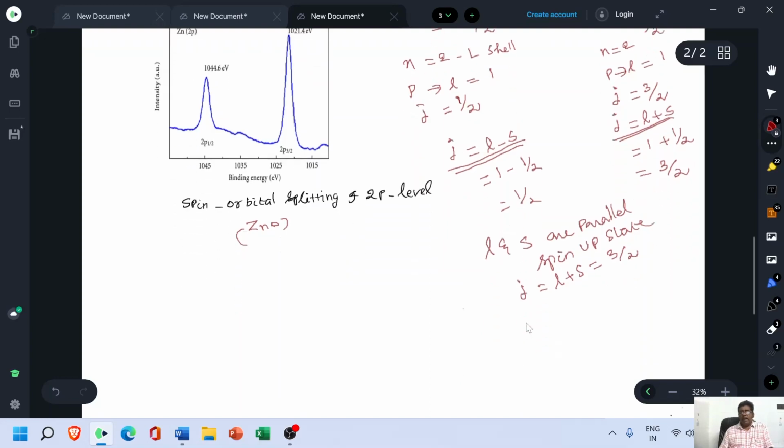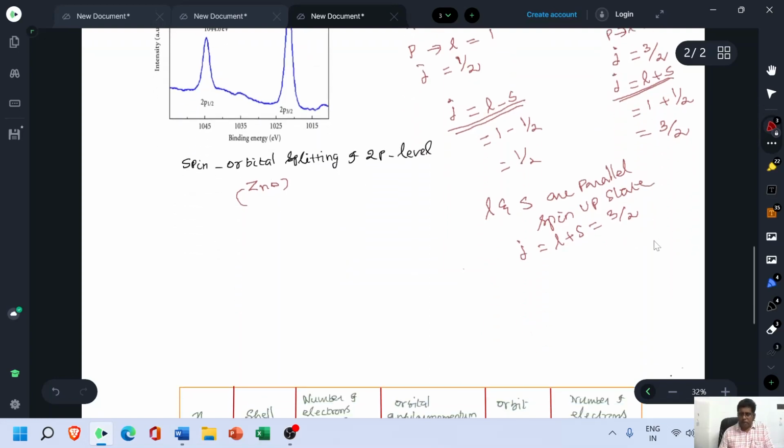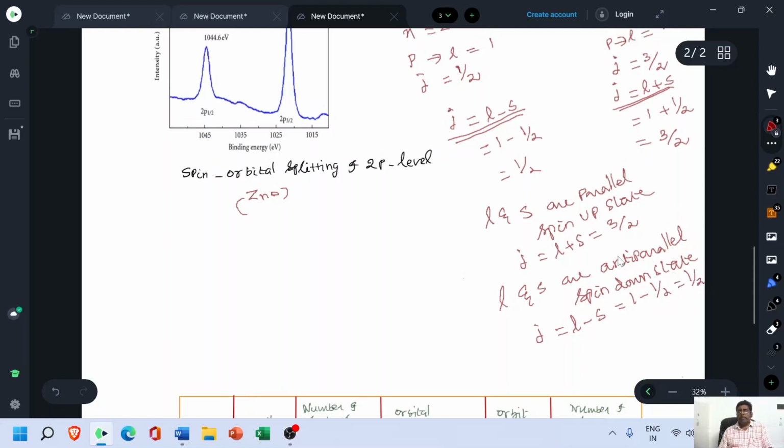If l and s are antiparallel, orbital angular momentum quantum number and spin are antiparallel, it is called the spin down state. In this case, we have to select the option j equal to l minus s, that is equal to 1 minus 1/2 equal to 1/2.